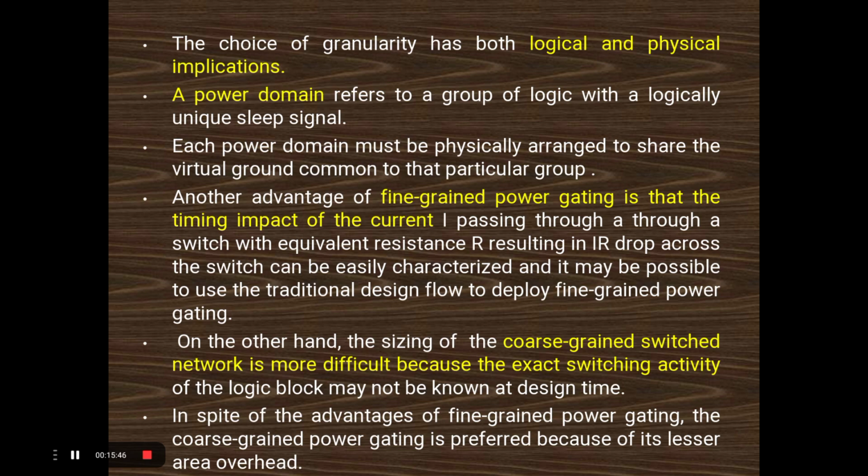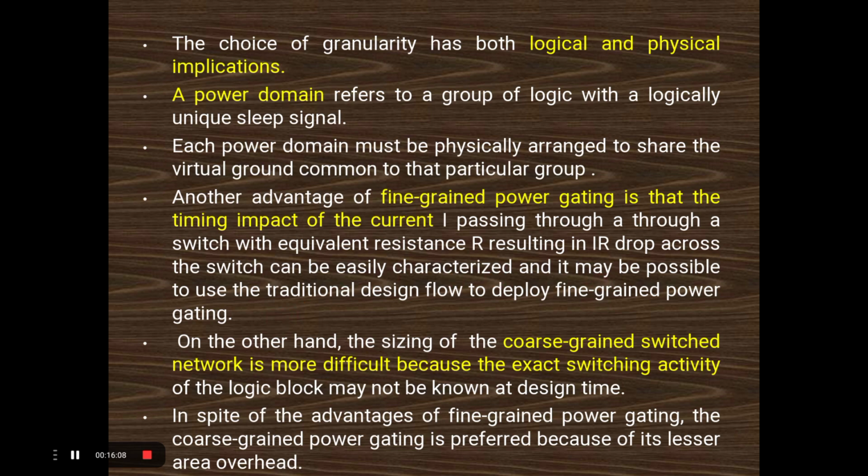Another advantage of the fine grained power gating is that timing impacts current, as well as the current I passing through the switch with an equivalent resistance of R. The resulting IR drop across the switch can be easily characterized, so it is possible to use the traditional design flow to deploy the fine grained concept.